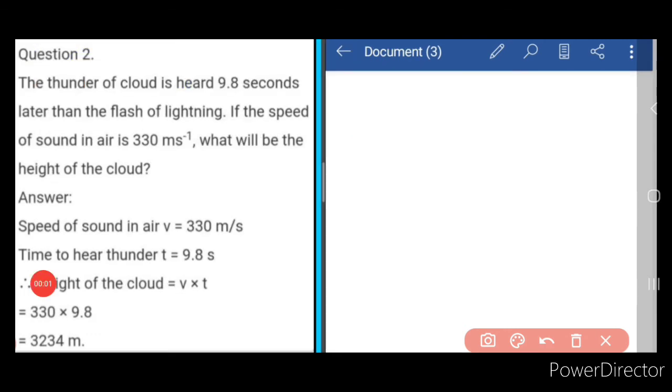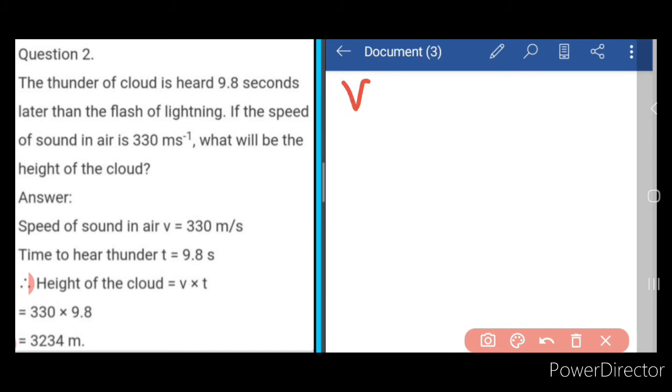Now let's move to the second question. The thunder of a cloud is heard 9.8 seconds later than the flash of lightning. If the speed of the sound in air is 330 meter per second, what will be the height of the cloud, right? Now here we are going to find out the height of the cloud. Now what is given?